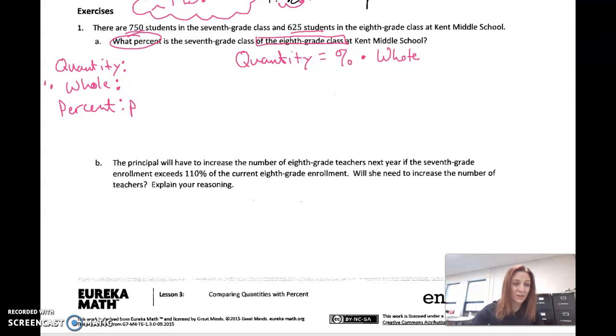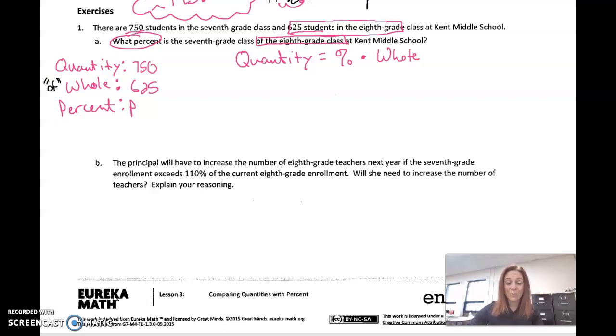Okay, of is our whole. So if it's out of, that's our whole. That's our total. So I want the 8th grade class for a whole. Well, there's 625 students in the 8th grade class. So I'm going to put 625 right here, which means by process of elimination, there's 750 for the quantity.